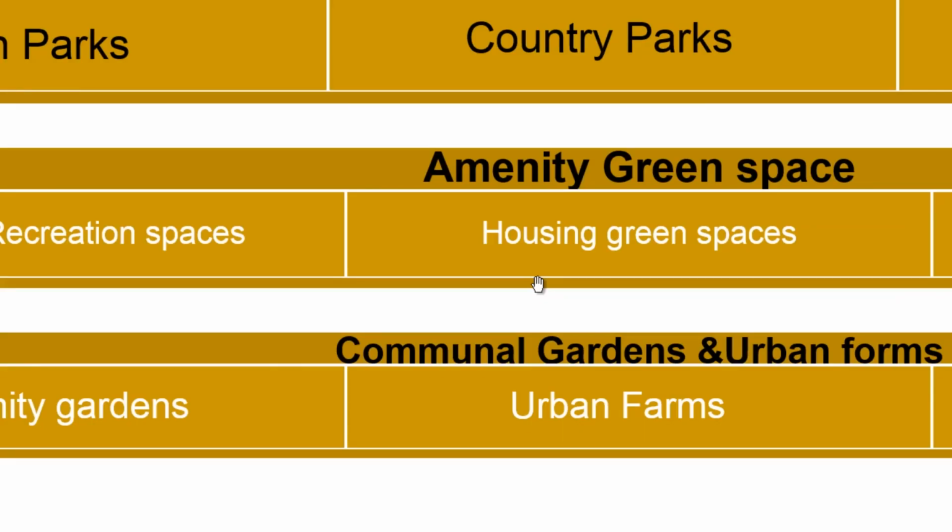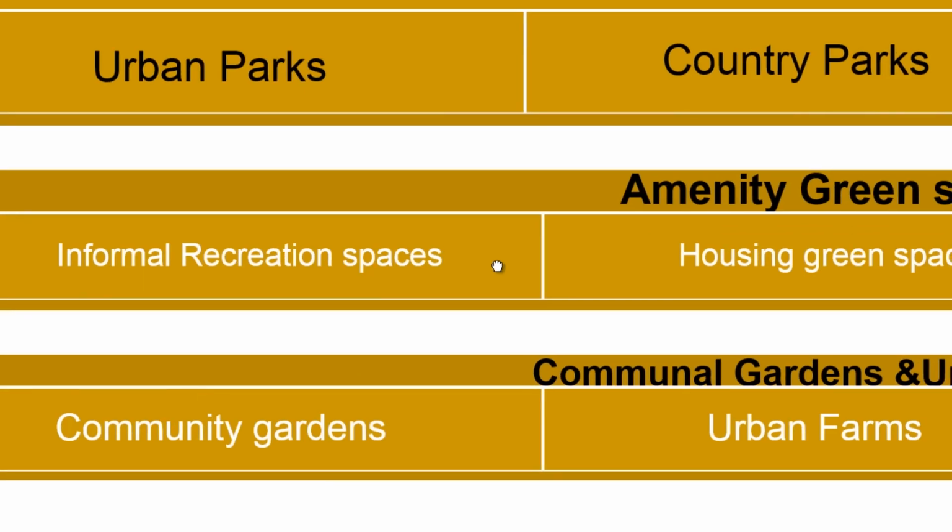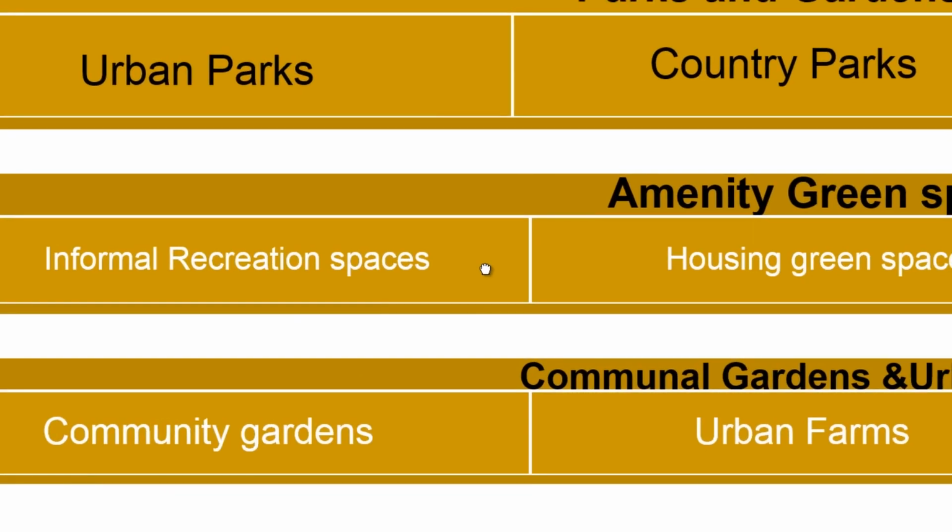Similarly, we have amenities and green spaces. In these amenities and green spaces, there are informal recreation spaces. Here we have religious buildings, it may be a temple, a mosque, a church or a crematorium, any part of the area which comes under the recreation spaces.